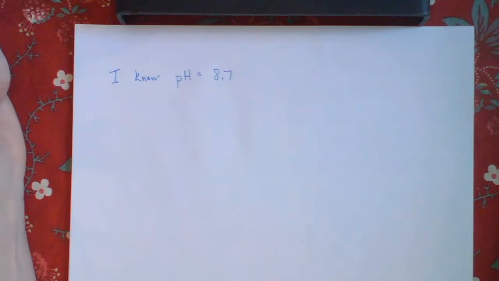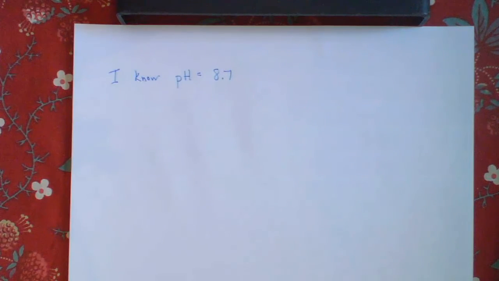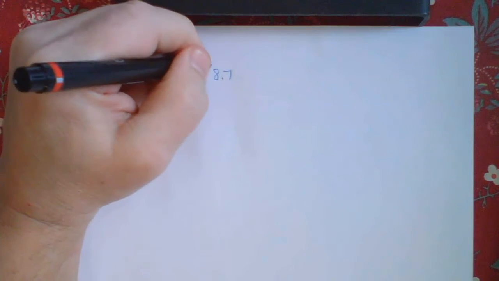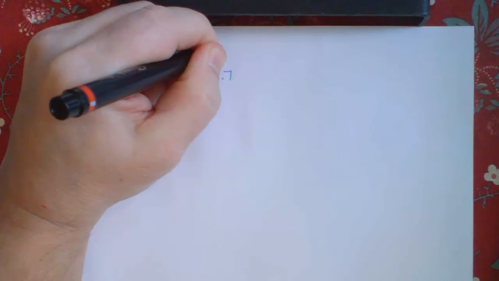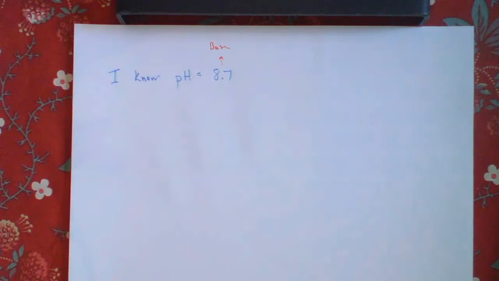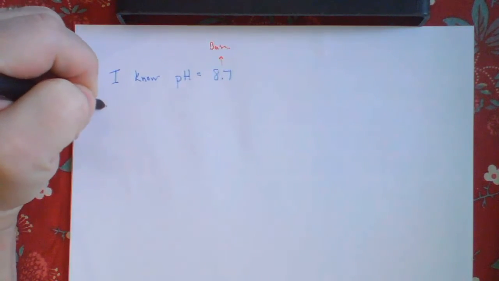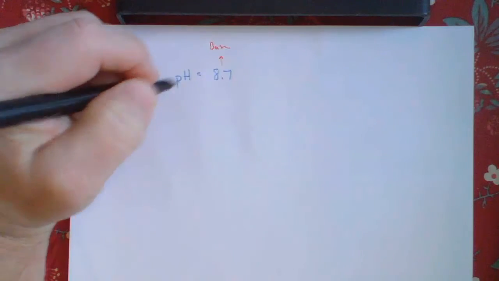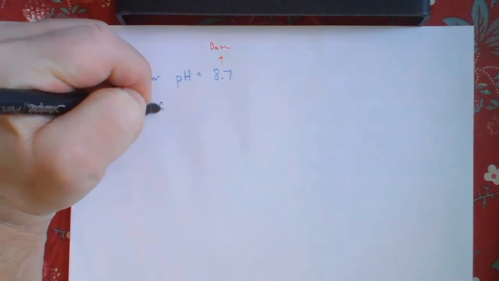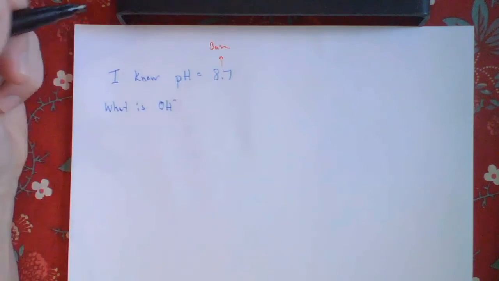So I know that I have a pH of, let's make it 8.7. Okay, now I know that this 8.7 is going to put me in a basic range. So this is a base. And I'm looking to know what is the concentration of the OH ions.